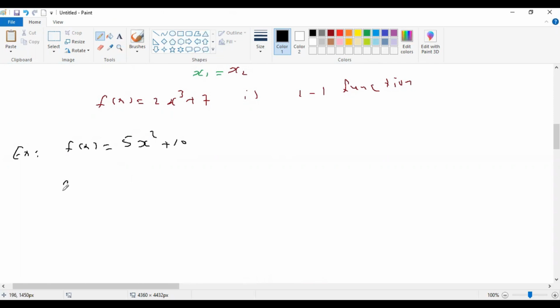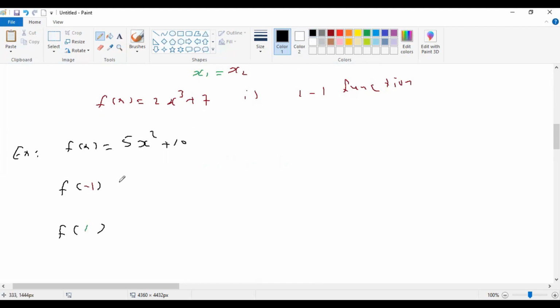See here, for example, f of -1, and here it is x1, and here I have f of 1. So now I have here 1 and -1. This is x1, this is x2, and they are not the same.